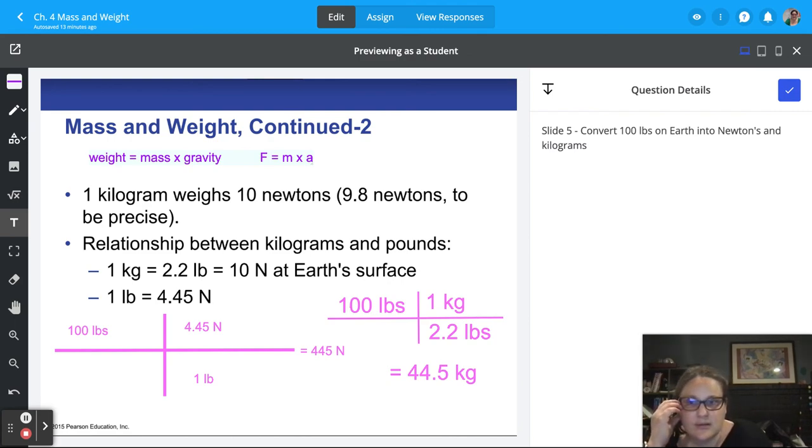Weight is a type of force, and gravity is a type of acceleration. So it's essentially the same equation here: force equals mass times acceleration. It's just a specific type of force and a specific type of acceleration are used. And we'll get into that more later.